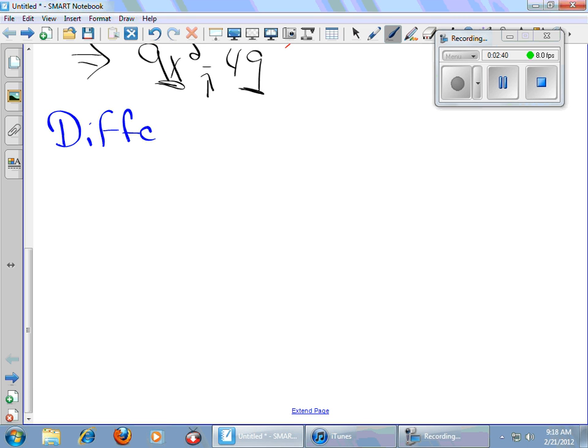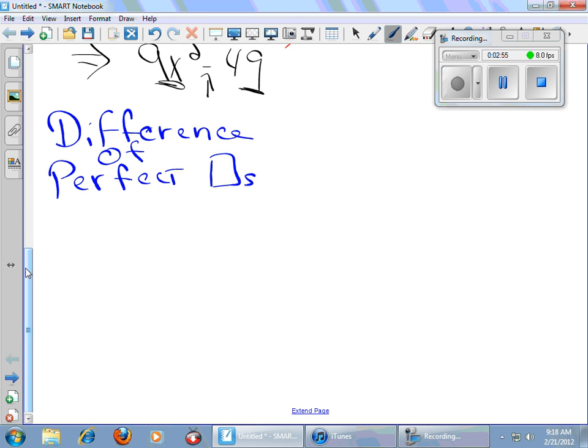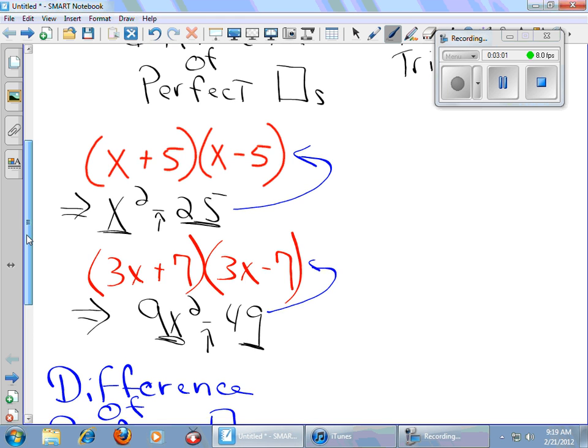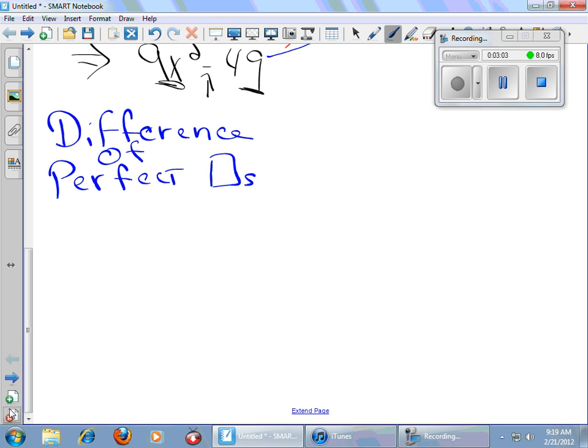The difference of perfect squares. If I have two perfect squares, one being subtracted from the other, they will factor very easily. These black ones would turn into the red ones. They're going to look just like that. So let's see how that works in action.